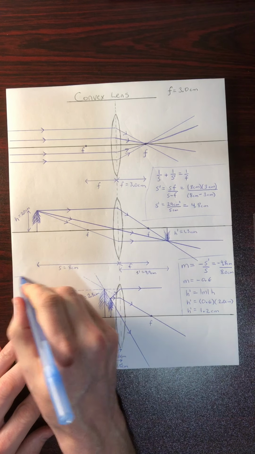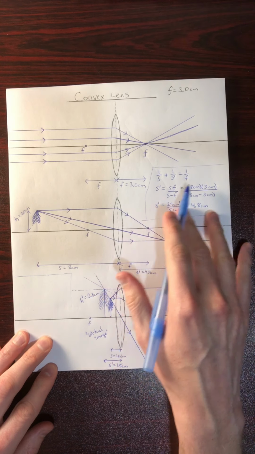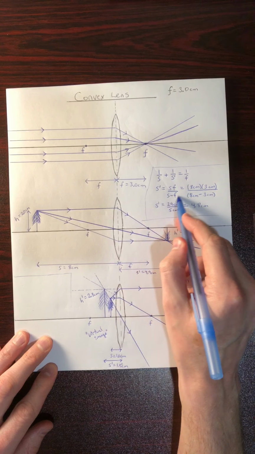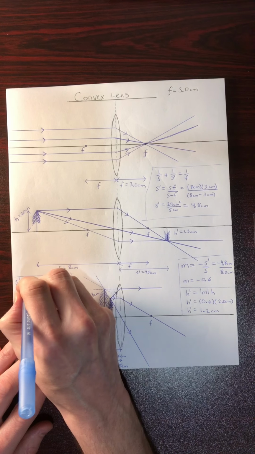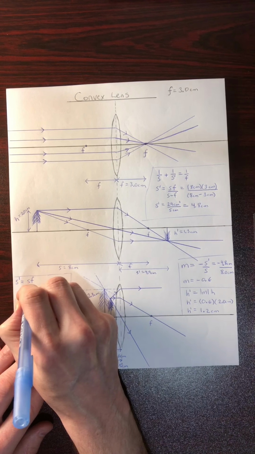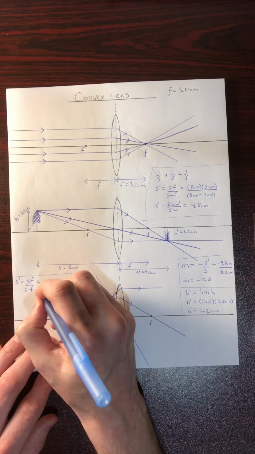I guess I'll draw it over here. And we're going to apply our thin lens equation again. So I'm just going to jump right to the S prime part of this. So S prime is equal to S F over S minus F. Okay.